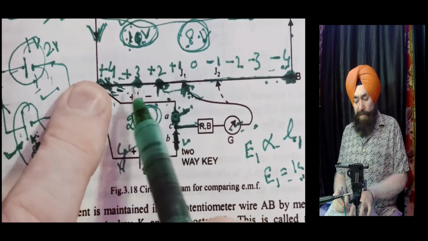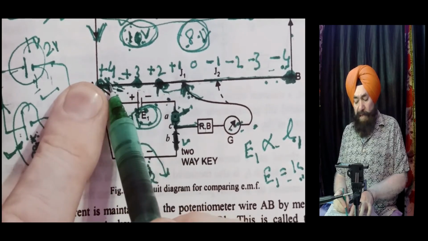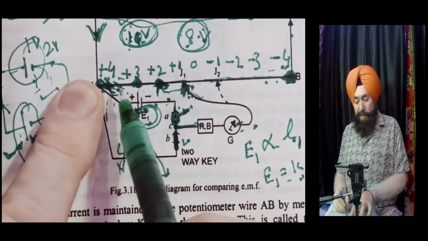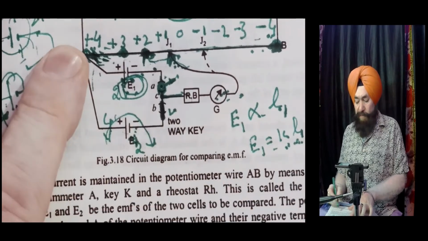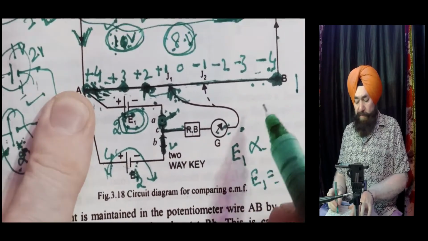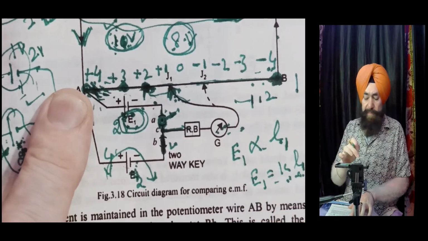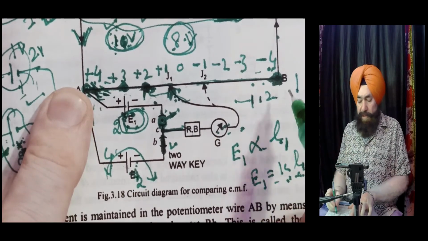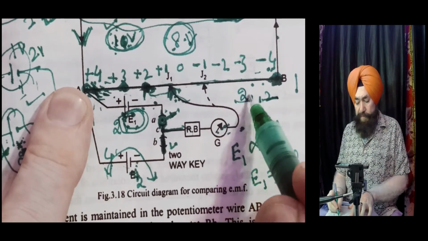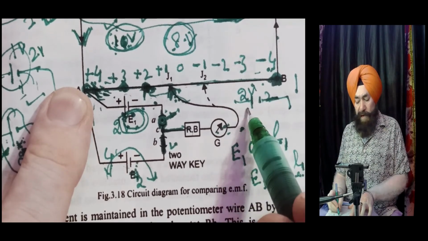So what is the voltage on the wire? Plus 4 and plus 2, so the difference is 2. This is 2 volt. 2 volt is on the wire.